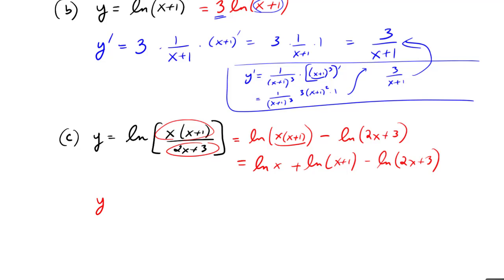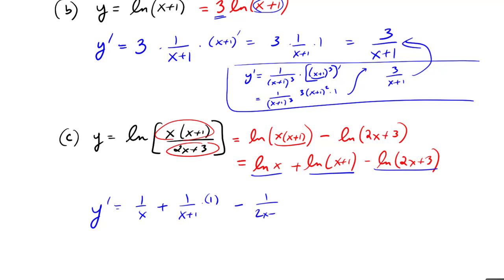Now I'm going to start taking the derivative. When I take the derivative of ln of x, that's simply 1 over x, plus. When I take the derivative of ln of x plus 1, it's 1 over x plus 1 times the derivative of x plus 1, which is 1, minus the derivative of ln of 2x plus 3, which is 1 over 2x plus 3 times the derivative of 2x plus 3, which is 2.